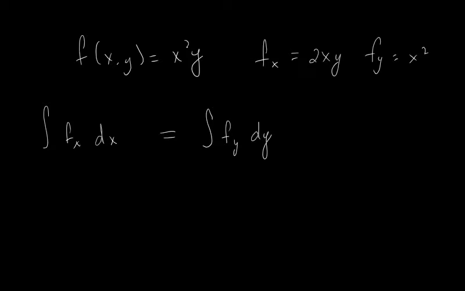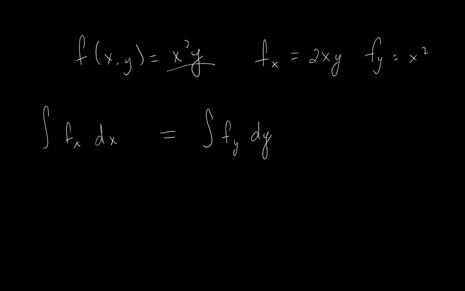If I start with the same function, take the derivative with respect to x, and integrate with respect to x, I should go back to the original, and the same thing with respect to y. The only problem is there could have been constant terms out here, so I'm going to account for those by adding that constant function.